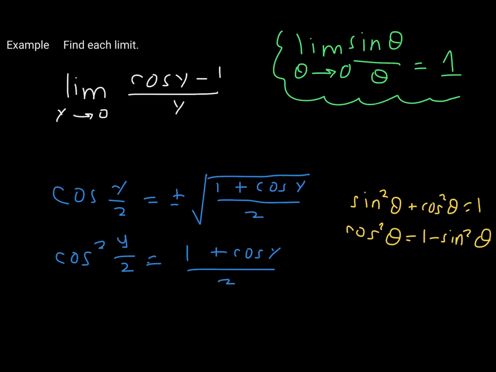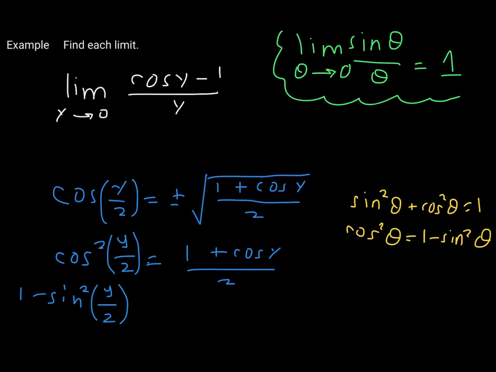So I can use this identity to say that cosine squared of this angle, y over 2, is equivalent to 1 minus sine squared of that angle. Let's put that in parentheses. I should have had this in parentheses the entire time.